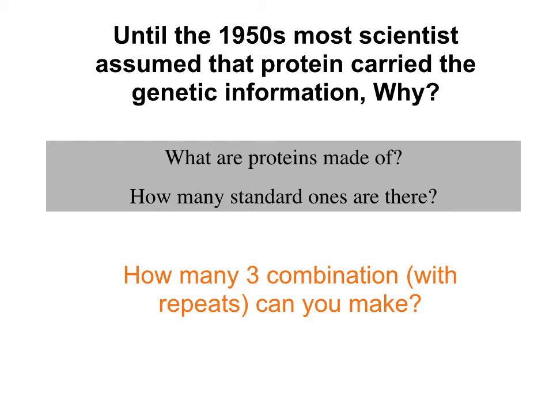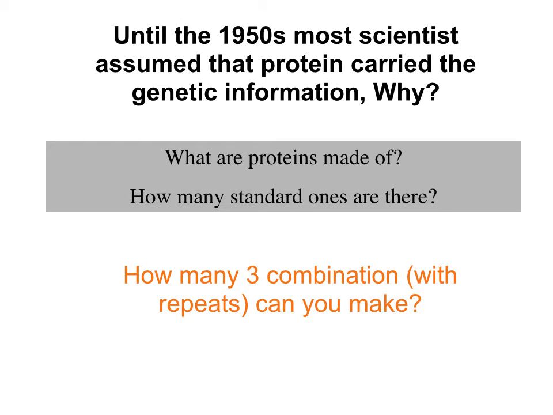In the first half of the 20th century, most scientists thought that protein was the best candidate. How come? Let's think about it. What are proteins made of? I'll pause and let you answer. Amino acids, right? How many standard amino acids are there? 19 to 20.